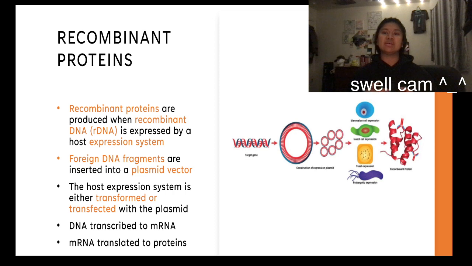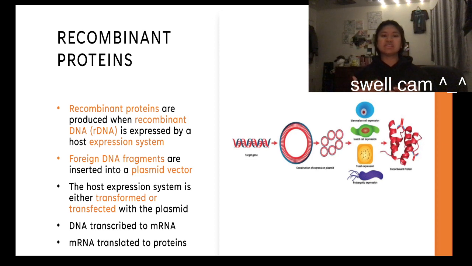They basically insert recombinant DNA into a vector, and then that vector is transformed into a host expression system, where that host expression system will then take that vector and start expressing it through central dogma and express your protein of interest.